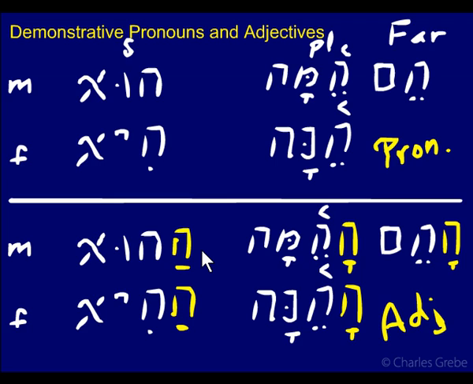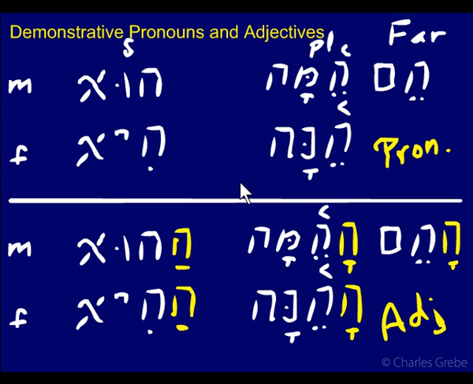So you need to get straight the difference between personal pronouns and demonstratives, and then within demonstratives, you need to get straight the difference between pronouns and adjectives. Pronouns have no article, adjectives do. Now I'll go over this in the next module. I'll look at some sentences, and hopefully it should clear things up.